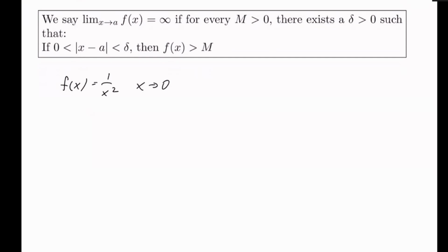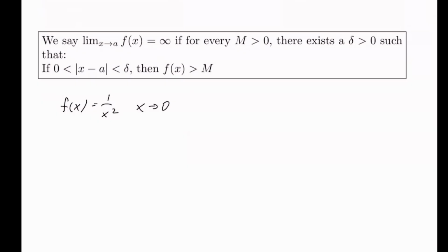We say the limit of f of x as x approaches a equals infinity if for every M greater than 0, there exists a delta greater than 0 such that if the absolute value of x minus a is less than delta but greater than 0, then f of x is greater than M. So instead of keeping f of x within epsilon of L, we're saying f of x exceeds any bound M we can choose.